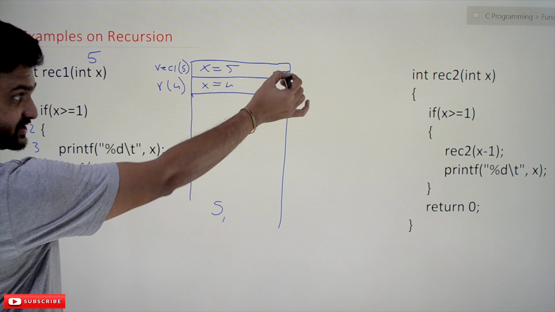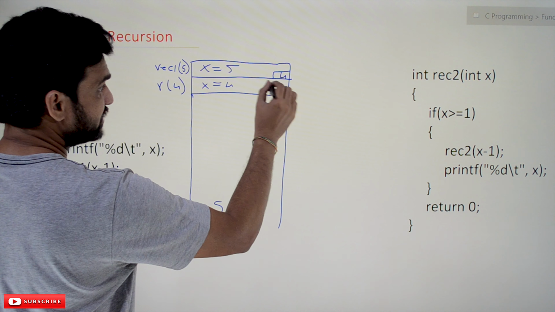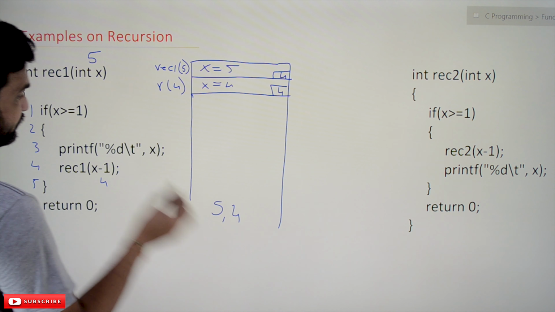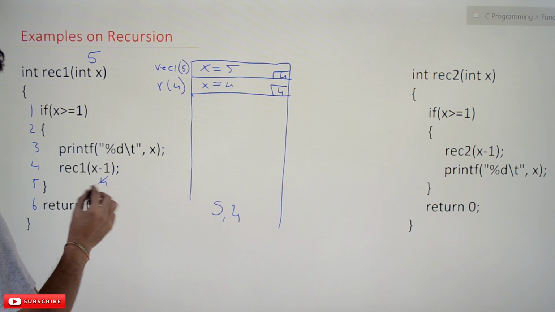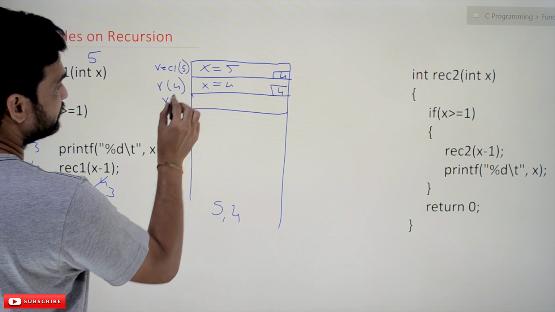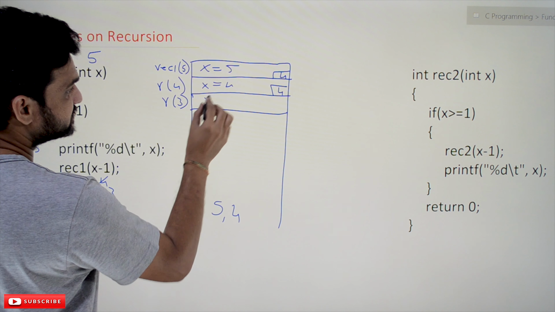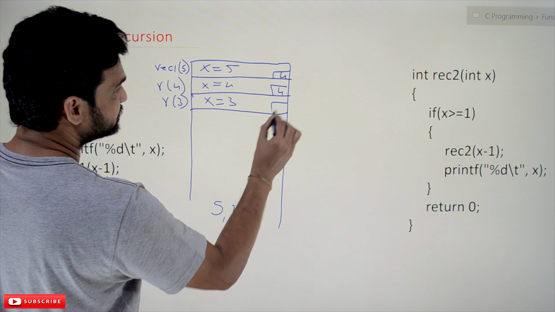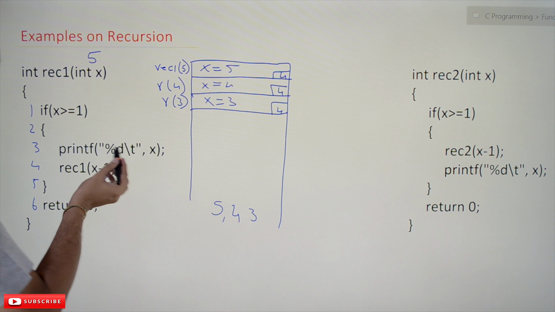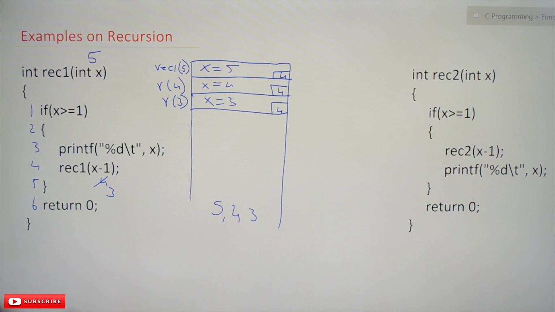This represents the instruction pointer. Here 4 will get printed, and after that with 3, the function call will be made, r3, x is equal to 3, again the instruction pointer is 4, and printf is going to print 3.